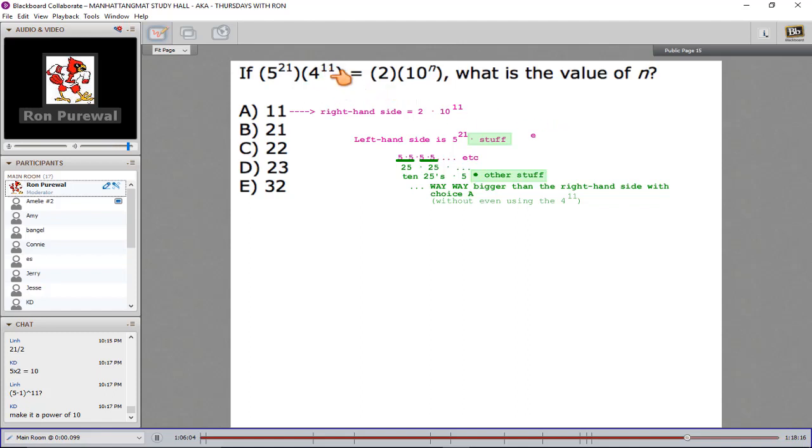So what would you want to do with 4 if you had the chance? You could try to make it into a power of 10, but the problem is that getting 10s out of these is not that easy. On the other hand, if you break it down into 5s and 2s, then it's definitely going to work.